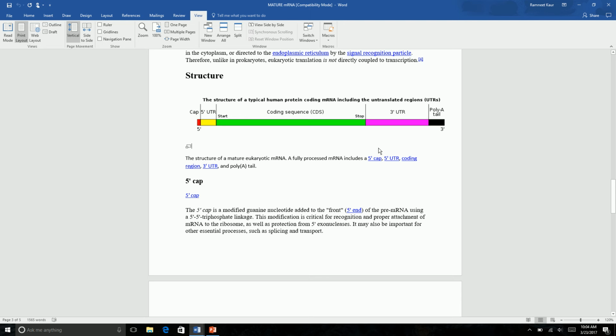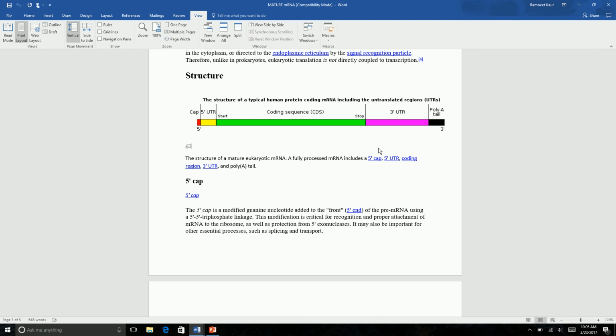So when you make cDNA from mRNA, that DNA does not have any introns. That is why on the NCBI site, in the mRNA sequence, you will find T's. There will be no U's because that is a cDNA. That is actually the conversion of the mRNA sequence into DNA. So a few terms should be very clear to you. What is an intron? What is an exon? What is a cDNA? What is a complementary DNA?